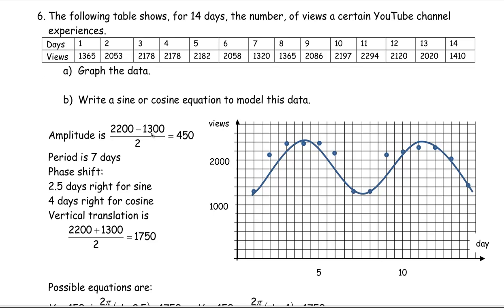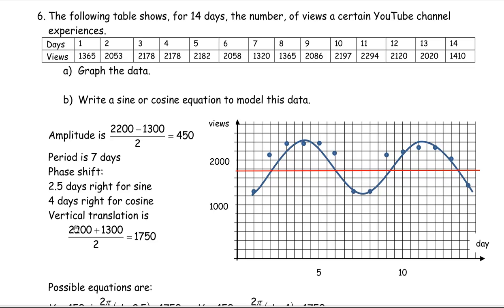So on the graph, I'm going to put the horizontal line, the axis that goes through, something like that. And that's actually the vertical translation. So it would be the average between the 2200 at the top and 1300 at the bottom.